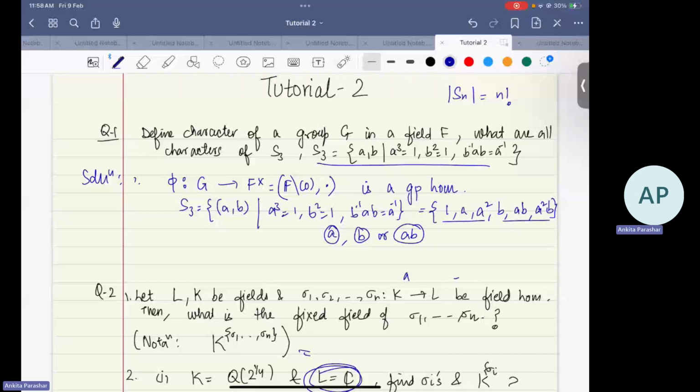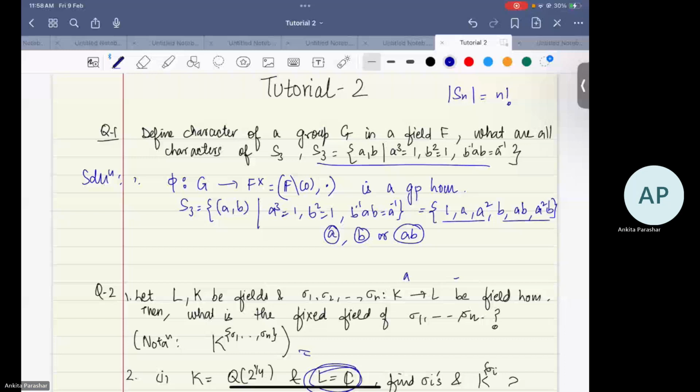So remember, 2 power 1 by 4 actually has 4 choices. It has 4 choices: 2 power 1 by 4, minus 2 power 1 by 4, 2 power 1 by 4 times i, and minus 2 power 1 by 4 times i. Why?